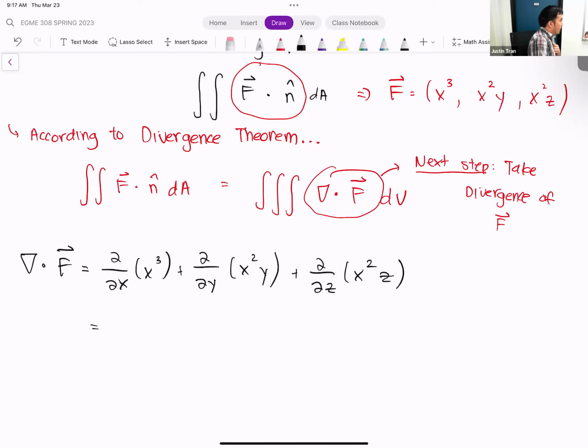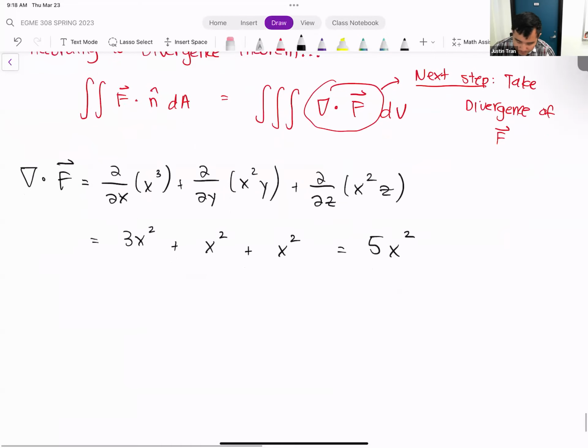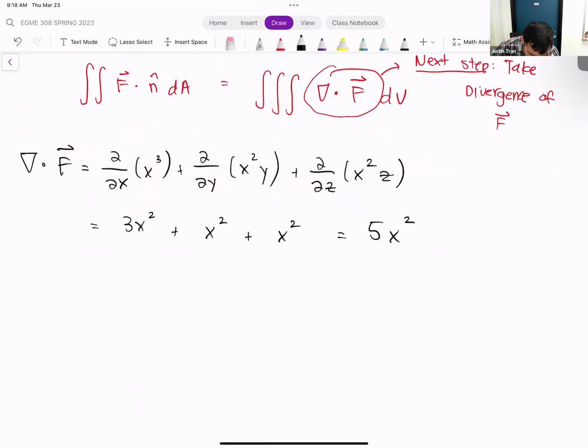If we evaluate those partial derivatives, we get 3x squared plus x squared plus x squared. And so we're going to get 5x squared. And so our triple integral, the one that we have to compute here, is 5x squared.